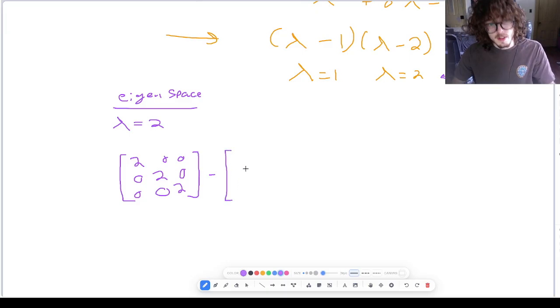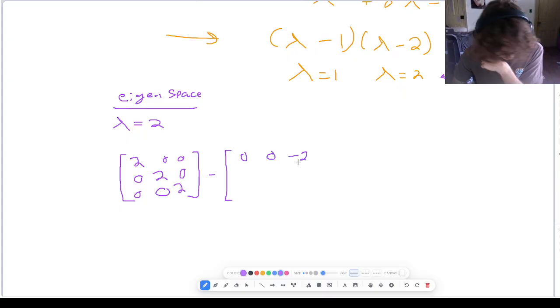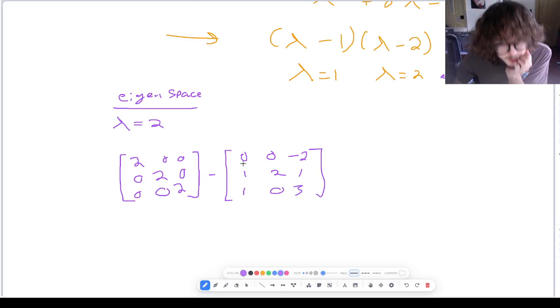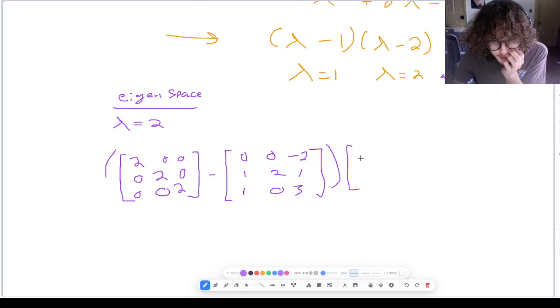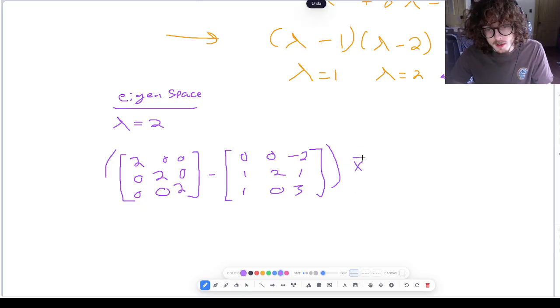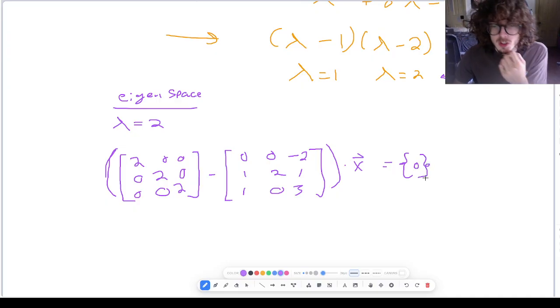Subtracted by 0, 0, negative 2, 1, 2, 1, 1, 0, 3. Okay, so if we take this here, this is by some vector x, which I don't even care to write out in matrix form, times some vector x equals, with the same dimension, 0.